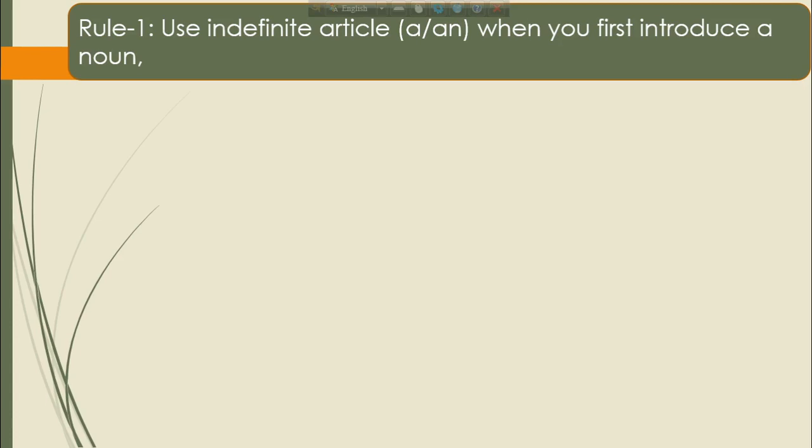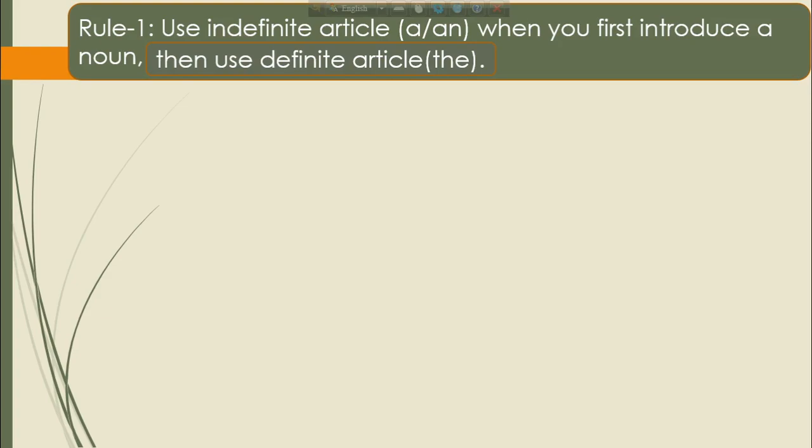So rule number 1 is about using indefinite and definite articles. Rule 1: use the indefinite article a or an when you first introduce a noun. Then use the definite article the.